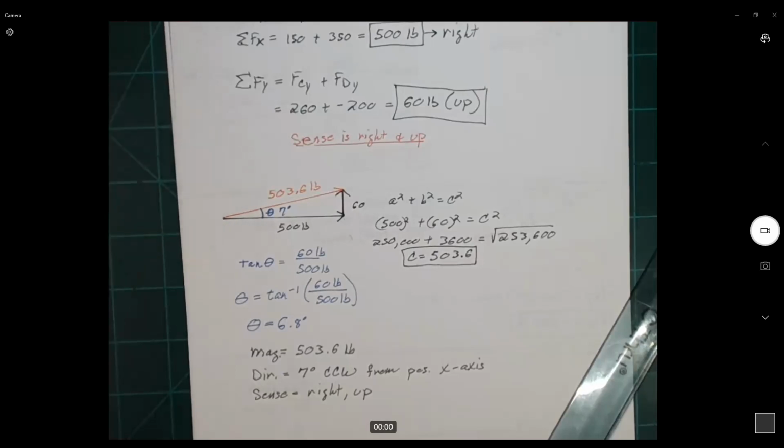Again, the steps. First, you want to determine the magnitude, direction, and the sense of the force vector. You want to solve for the component forces. You want to draw a free body diagram of the components of your force vectors. Next, you want to find the resultant force by summing all of the forces.